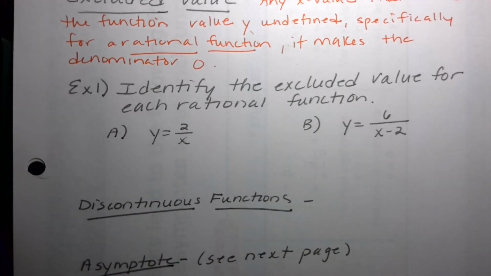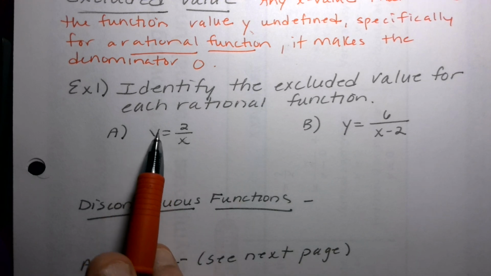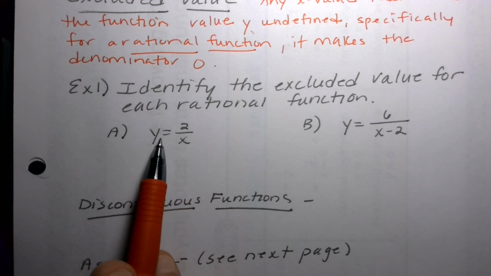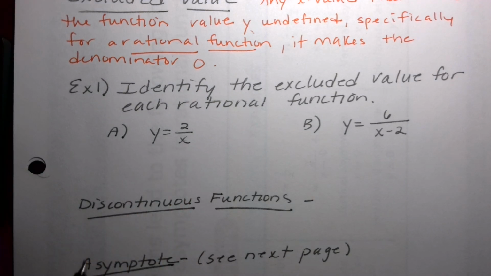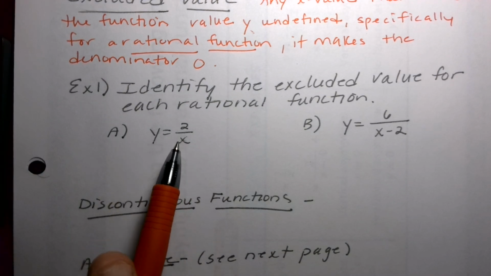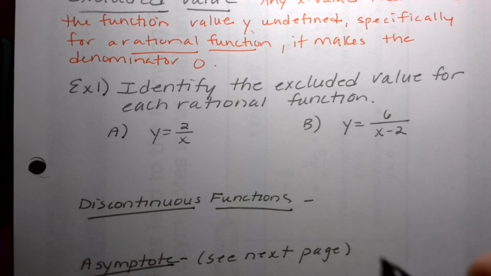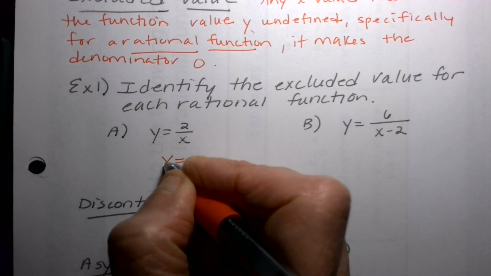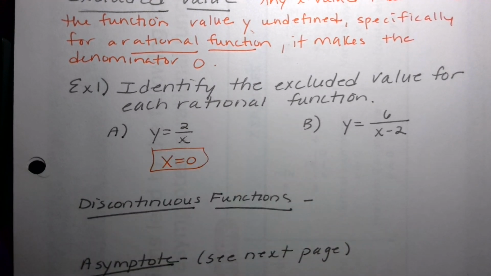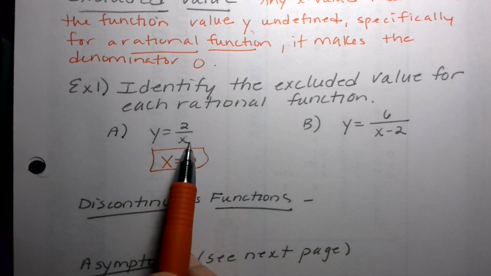So for example, identify the excluded value for each rational function. When we look at this, it is an inverse variation, isn't it? From what we learned yesterday. What would make this 0 if x was what? That one's almost too simple that it's hard, right? 0. So if x was 0, that would be undefined. So that value is excluded. X could be anything else.